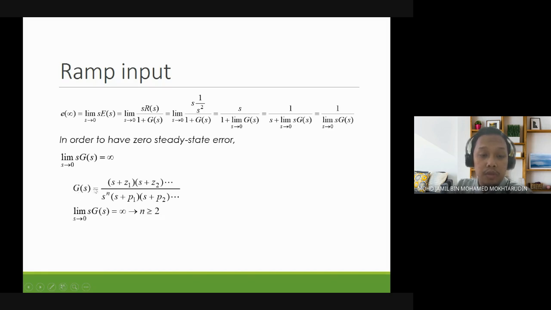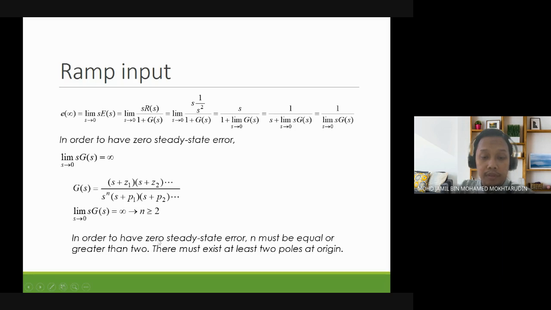You substitute G(S) similar to the previous slide. So N must be bigger or equal to 2 in order for this limit to become infinity. So in order to have zero steady state error, N must be equal or greater than 2. So you must have at least 2 poles at the origin.